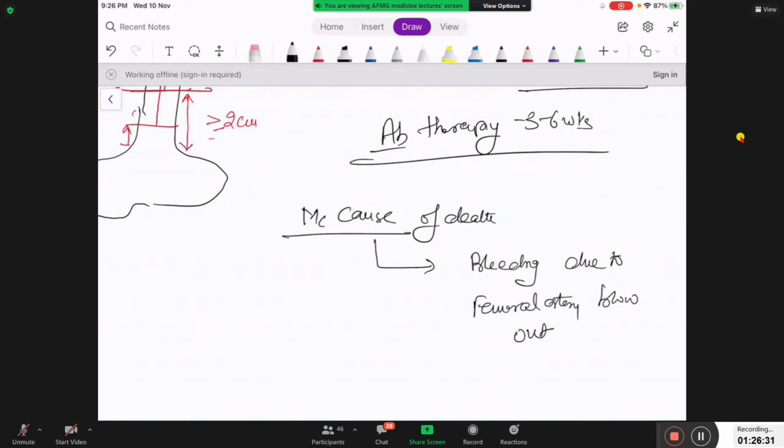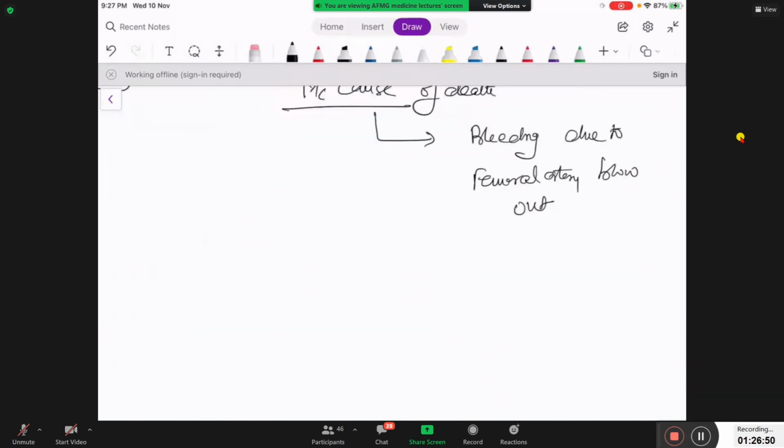The most common cause of death in penile malignancy is bleeding due to femoral artery blowout. Okay, so these are the things we need to know in penile malignancy.